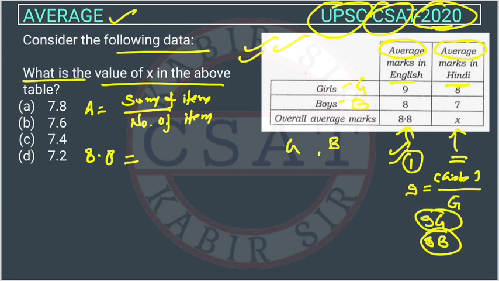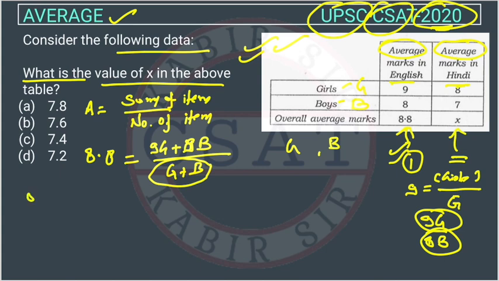And here, the sum of girls and boys, so the sum of girls is 9G and the sum of boys is 8B, upon the number of girls G and the number of boys B. So these are the total number of students, right?